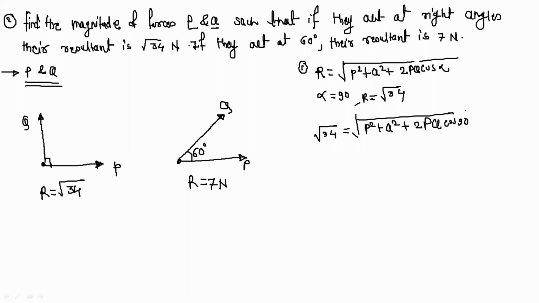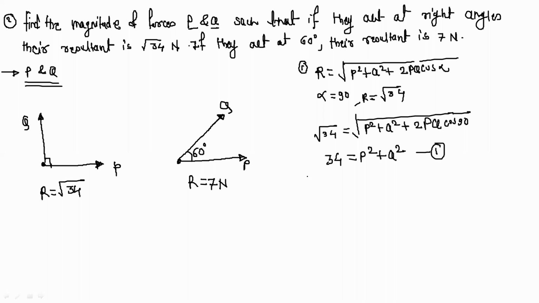This is cos of 90. So you can simplify this equation as cos 90 is 0. If you square both sides, then 34 is equal to P square plus Q square. So this will be your first equation.